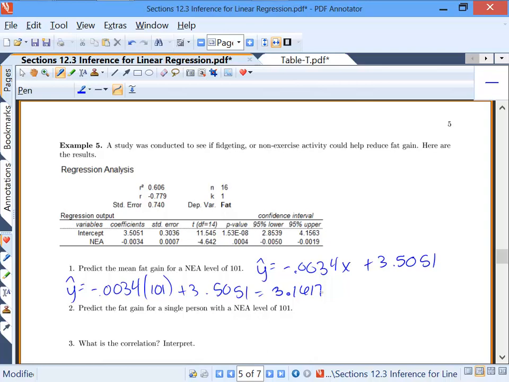So it looks like if you only have an NEA of 101, you're still going to be getting 3.16 units of fat.